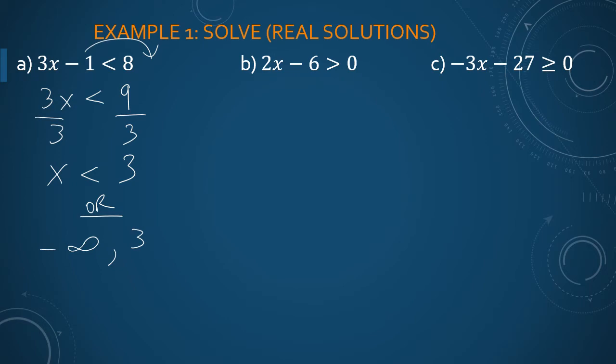And don't forget, a circular bracket does not include the point, and a square bracket does include the point. You can never have a square bracket on an infinity sign, and since this is not less than or equal to, we also have a circular bracket on 3 and not a square bracket.